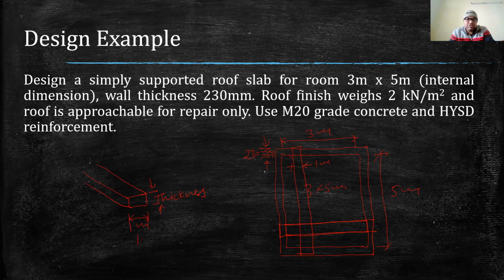Thickness, and this is actually the width, which is B, and this is the overall depth, which is capital D. Similarly, if we have reinforcement, then from the center of reinforcement to the top of this, it is known as small d. So that we are going to design. Because we are considering unit strip for the slab, all the design procedure will be same as we have followed in case of beam design.